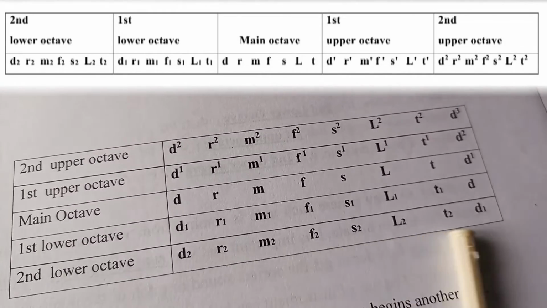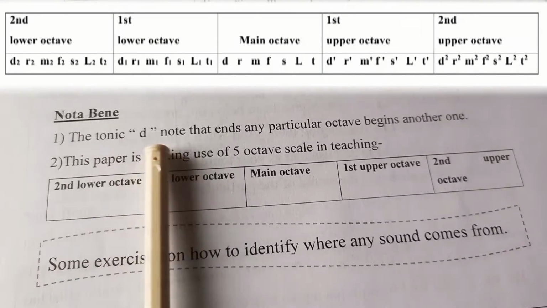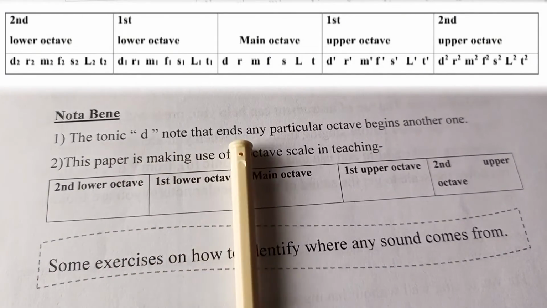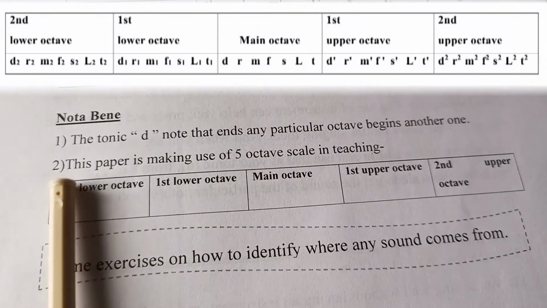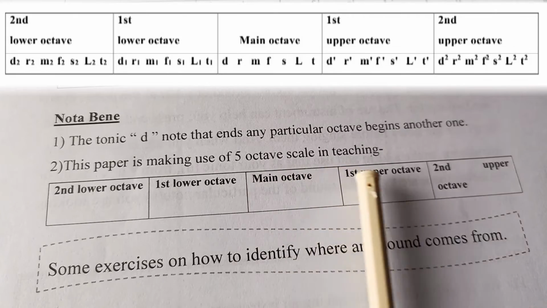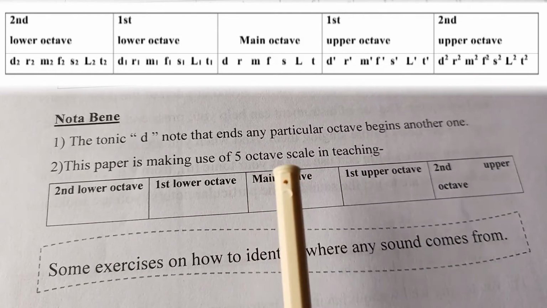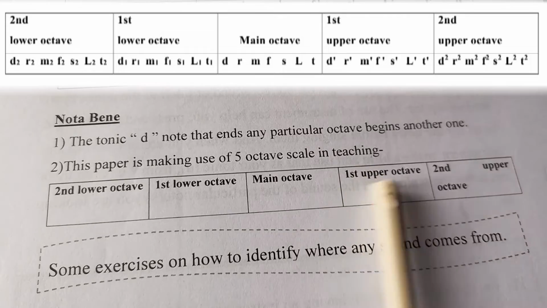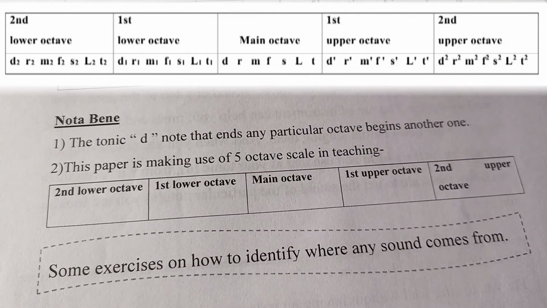Second lower octave, they have a sign of 2. So this is what you must study. The tonic do that ends any particular octave begins another one. This paper is making use of a 5 octave scale in teaching. So what we'll be using: the main octave, first upper octave, second upper octave, first lower and second lower.